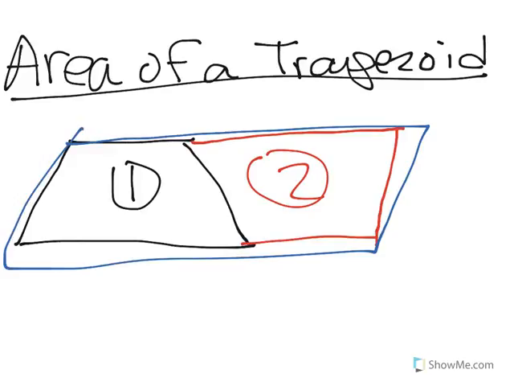And if we remember our formula for area of a parallelogram, the formula was base times height. Well, if I cut the parallelogram in half, I get a trapezoid.